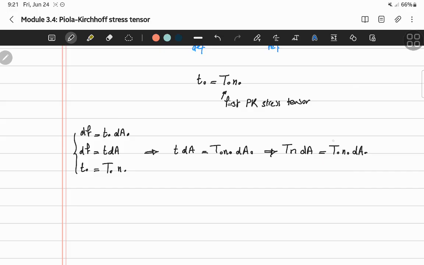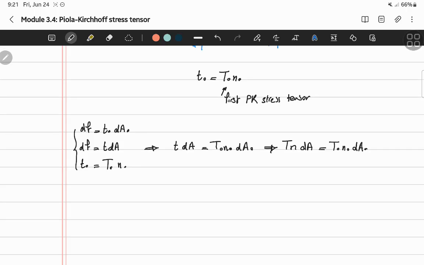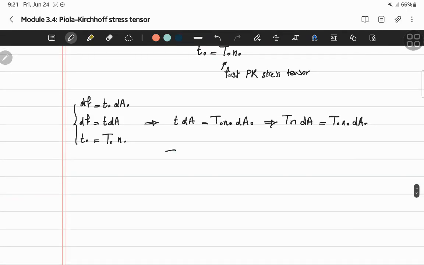So then I'm going to find T0. Because this is the magnitude, I move it to this side. Then I'm going to have Tn dA over dA0 is equal to T0 and N0.